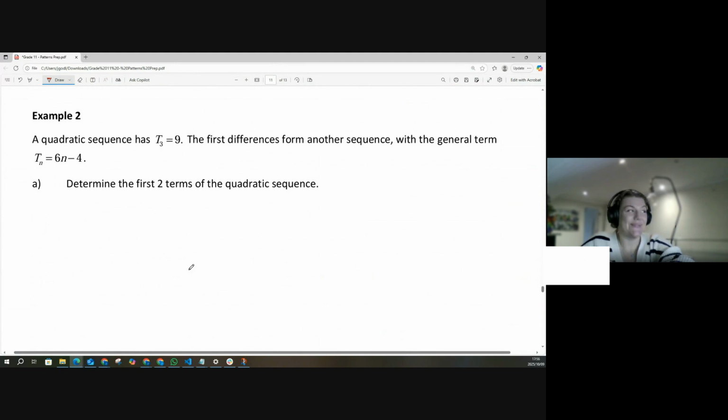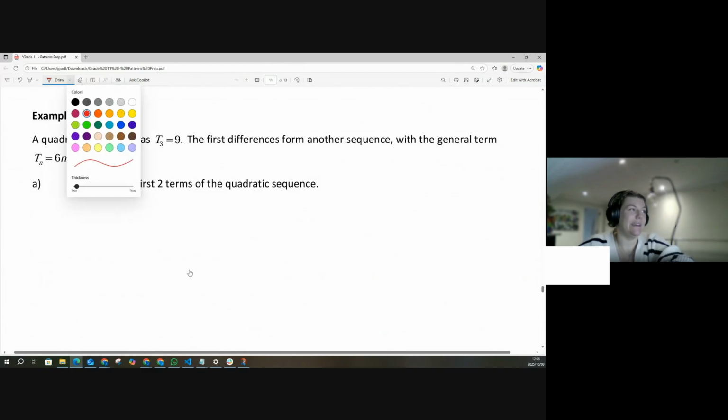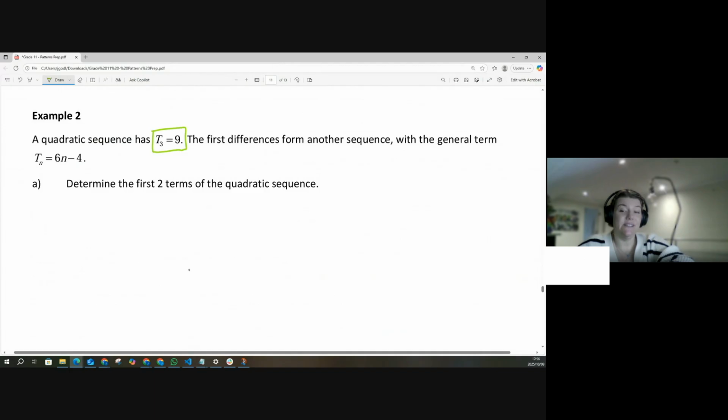Okay. A quadratic sequence has term 3 equaling 9. The first differences form another sequence. The general term Tn equals 6n minus 4. So we know this is term 1, term 2, term 3, term 4, term 5.